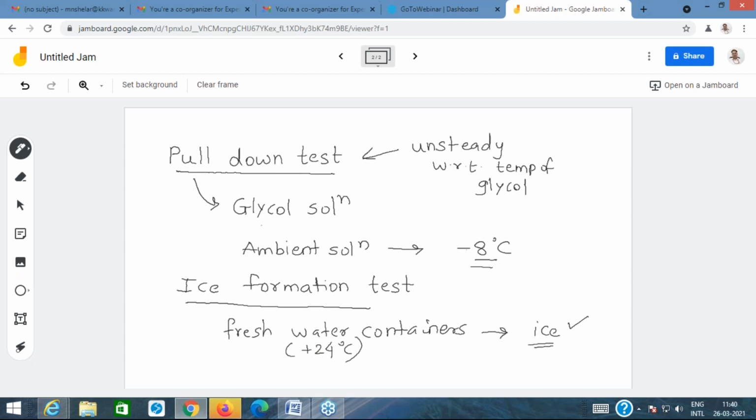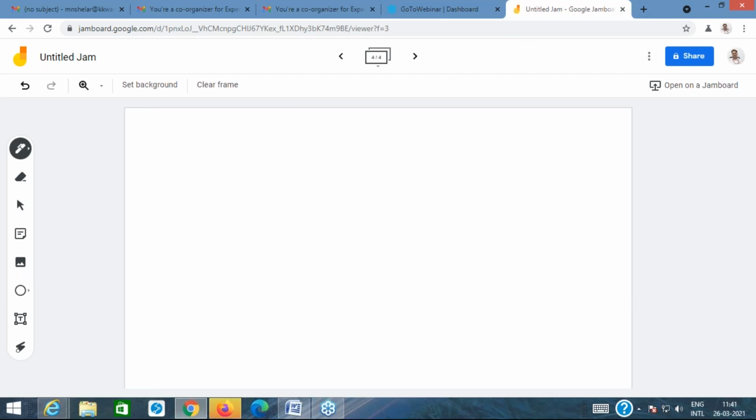So we would be required to take two sets of readings, one for the pull down test and the other for the ice formation test. Typically we performed the experiment in the lab and we took about 32 kgs of glycol solution. So the observation table we had was like this. We noted down the initial time and the final time, and from this difference, final minus initial, we got the duration of the experiment.